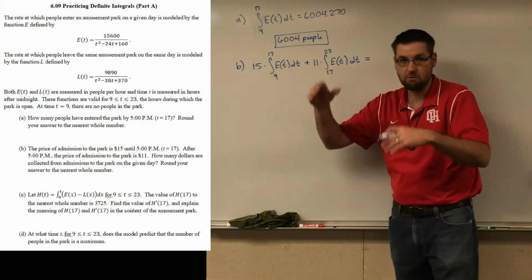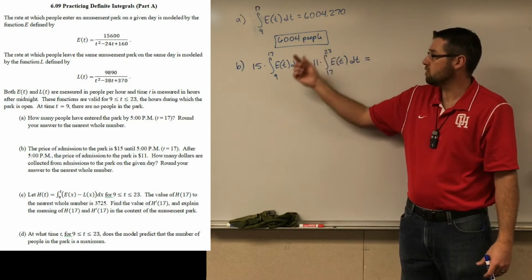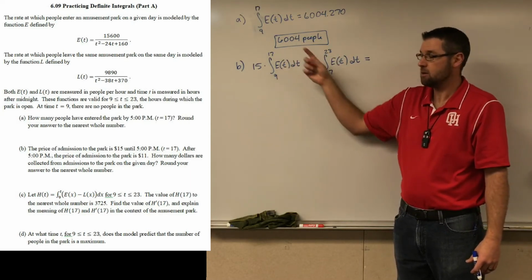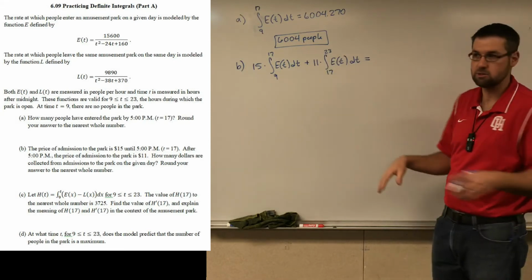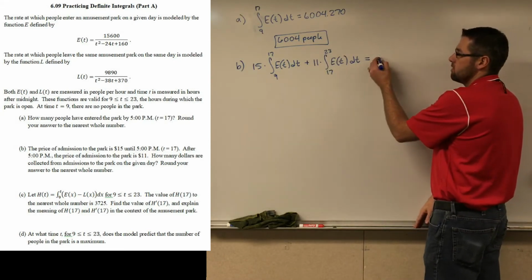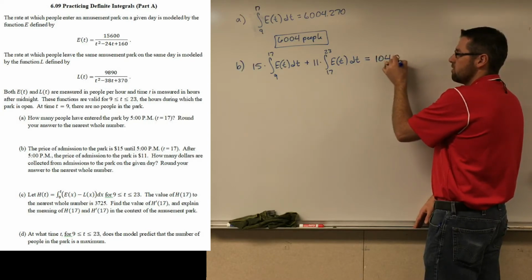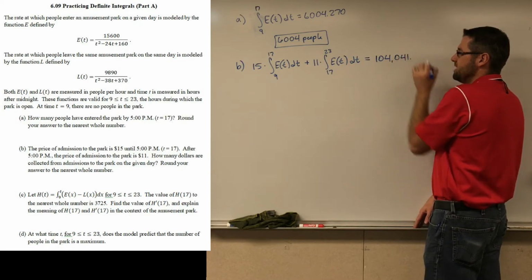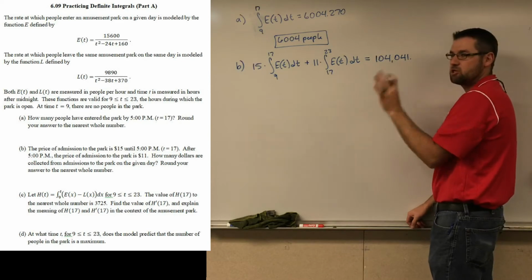Now, I would personally write this in my calculator like this, but you could have said 15 times that, plus 11 times, figure that out, and then add them up. But just do it all in one sequence on your calculator. What do you get? 104,041 point. I know, but I will interpret it in a minute.